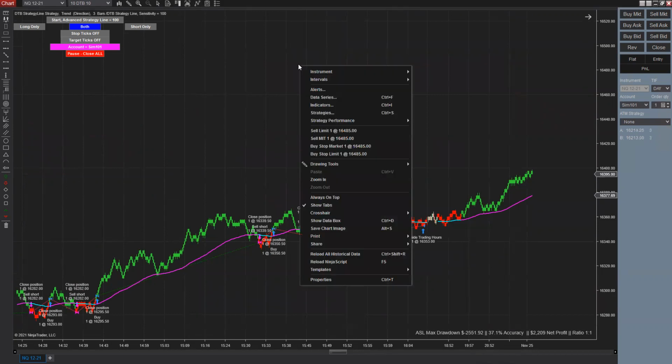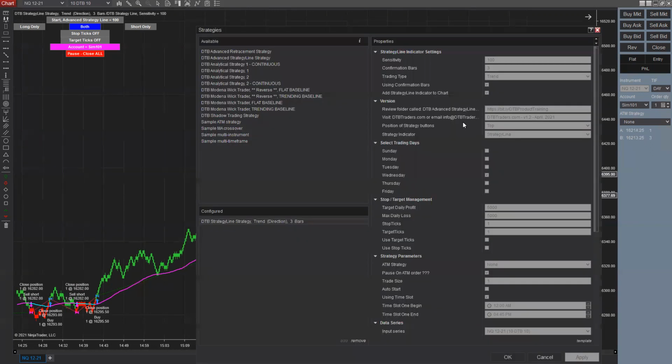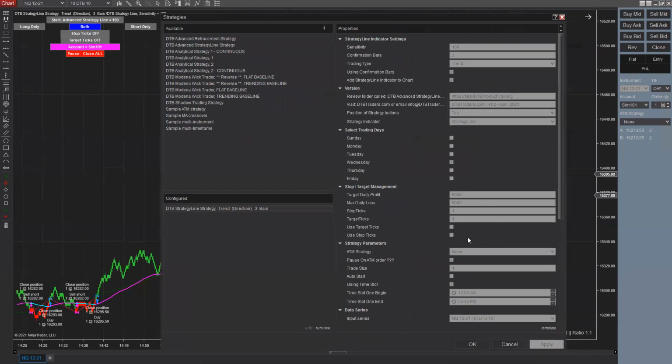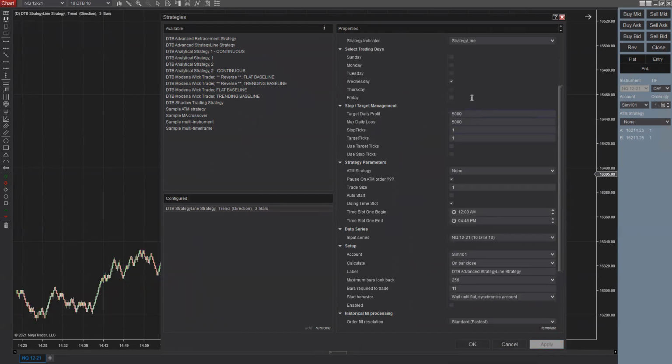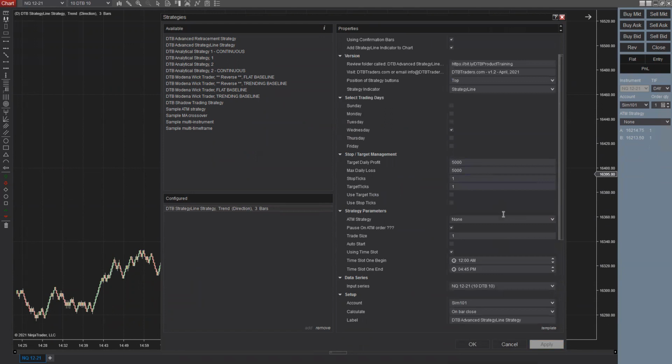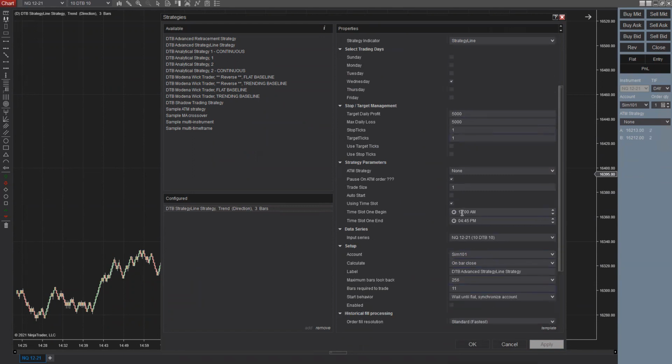If you wanted to combine two trading days on here, you can certainly do that. I've noticed that there's only one slot on here. So if you want to trade two specific days, you'll just need to do it on two separate charts for this one, because we've only got the one time slot on there.